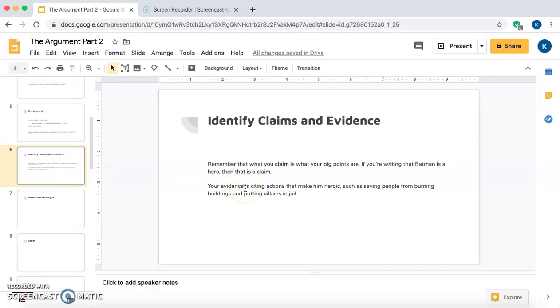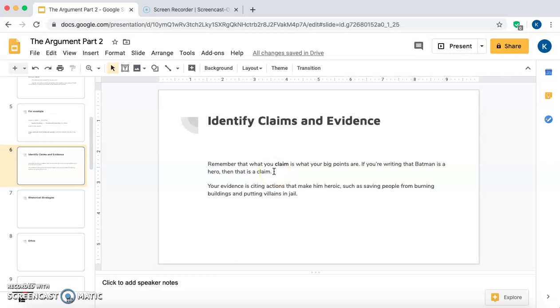One thing that I want you to remember is that whatever you claim is what your big points are when you're writing. So if you're writing that Batman is a hero, then that is a claim. That's something that can fit into your overall thesis or your overall topic sentence that Batman is a good person, but this is also something that can be argued.